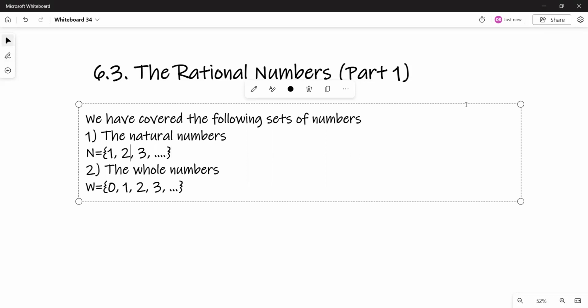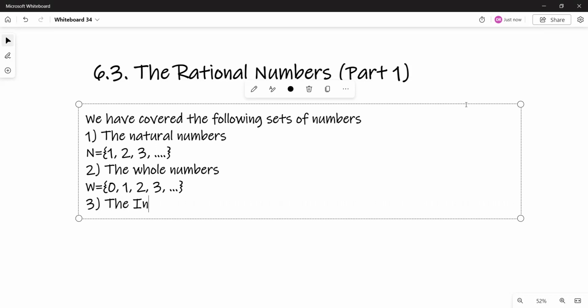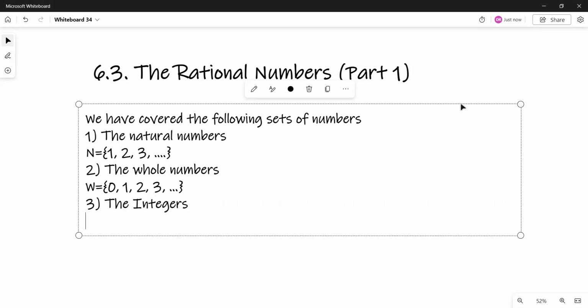And we did last time the integers, which are the whole numbers and the opposites of the natural numbers.